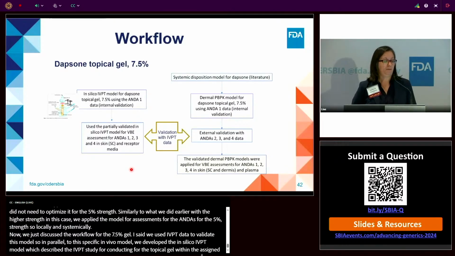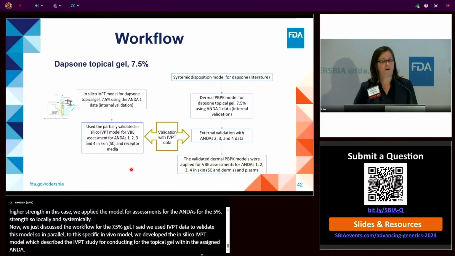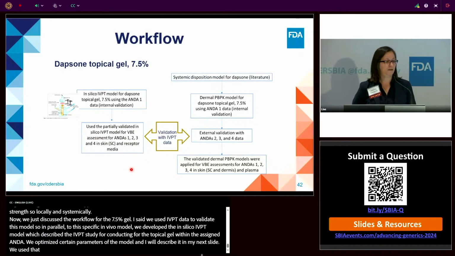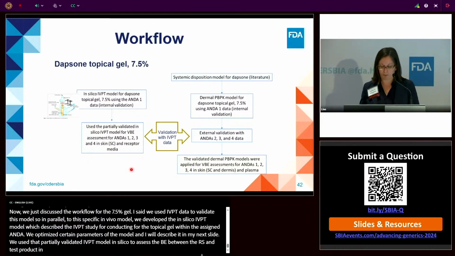We optimized certain parameters of the model. I will describe those in my next slide. And we used that partially validated in silico IVPT model to assess bioequivalence between the RS and the test product in the skin, the stratum corneum, and also the receptor media.